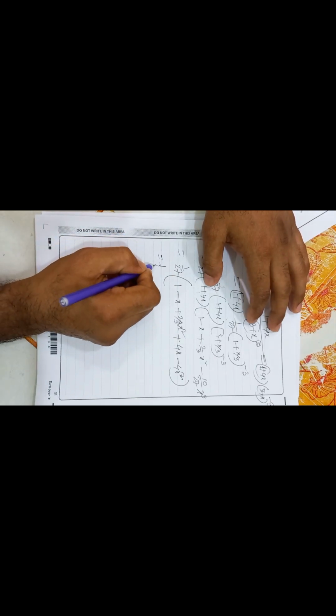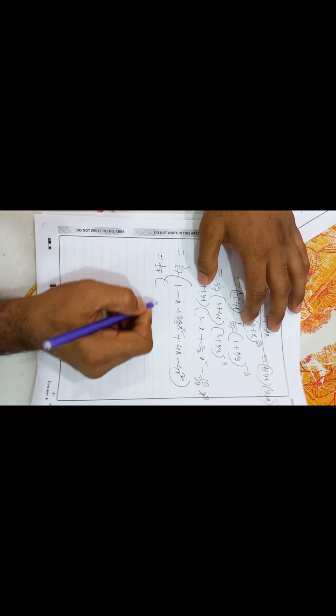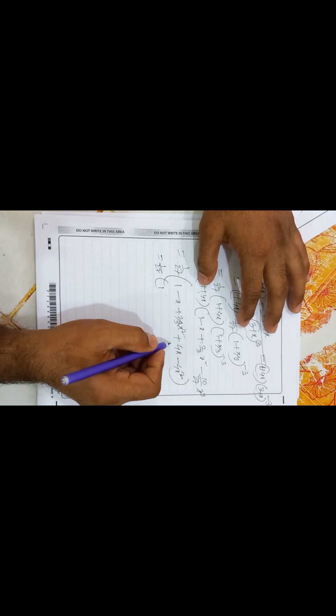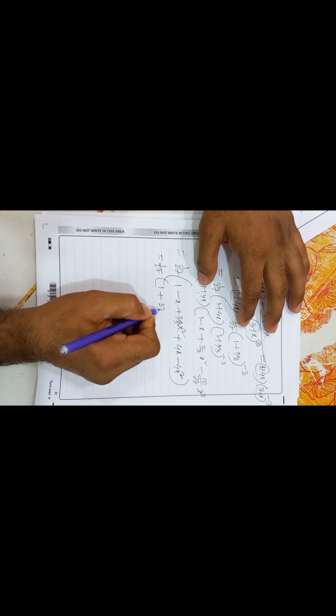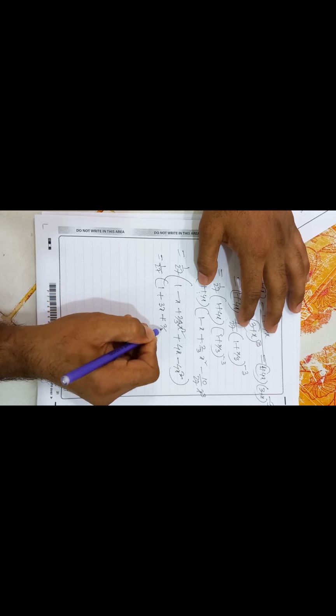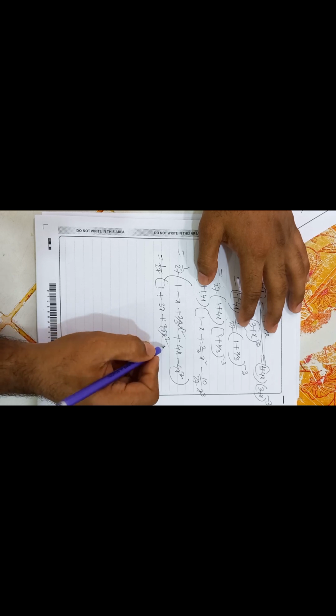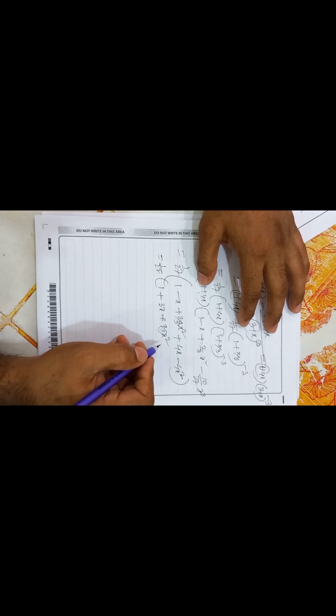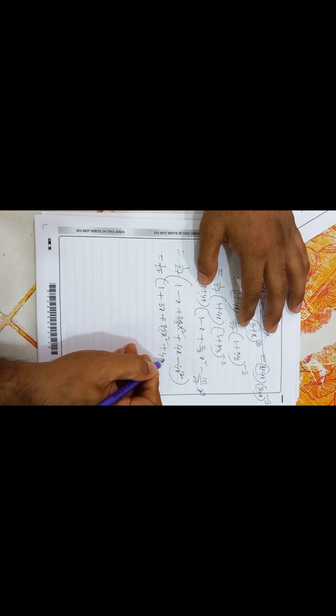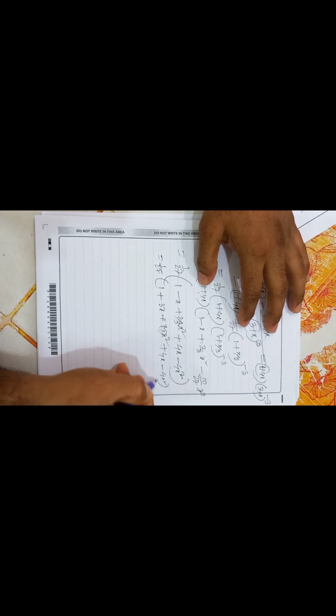Now 1 by 27 times (1 minus x plus 2 over 3 x square, plus 4x minus 4x square).